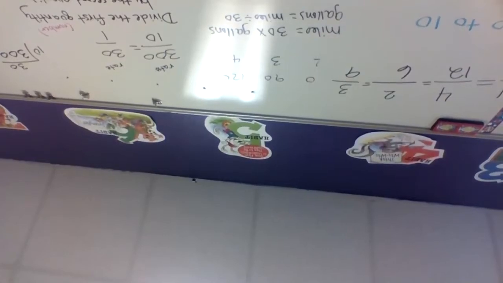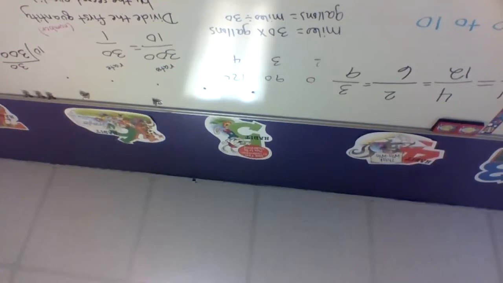So this was 1, 2, 3, 4, 5, 6, 7, 8, 9, 10, 11, 12. So every line represents twelfths. So this is 2/12, 3/12, 4/12, 5/12, 6/12, 7/12, 8/12, 9/12, 10/12. This will be 11/12, and then that will be the next one.